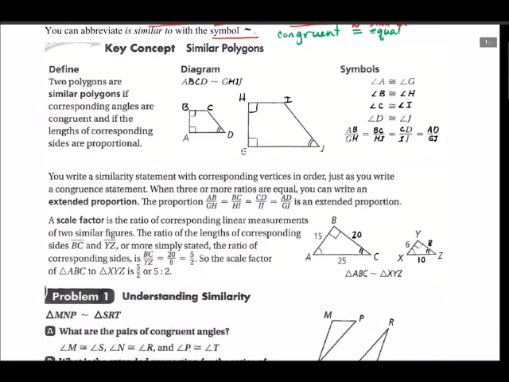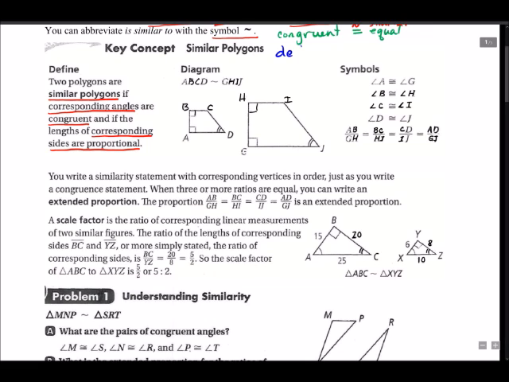Our key concept here, definition, similar polygons: corresponding angles are congruent and corresponding sides are proportional.